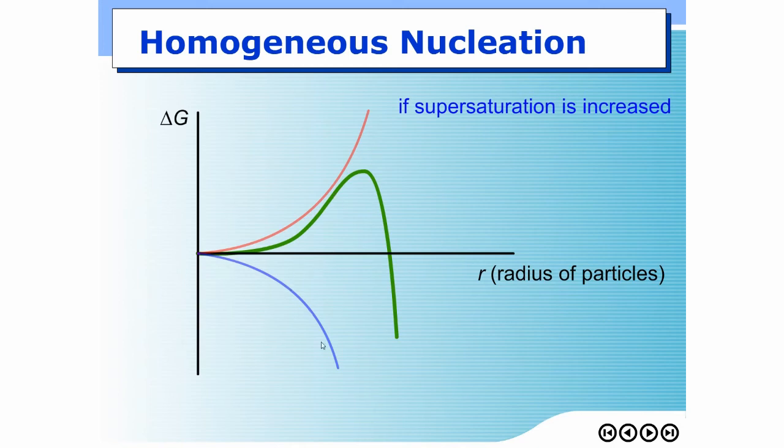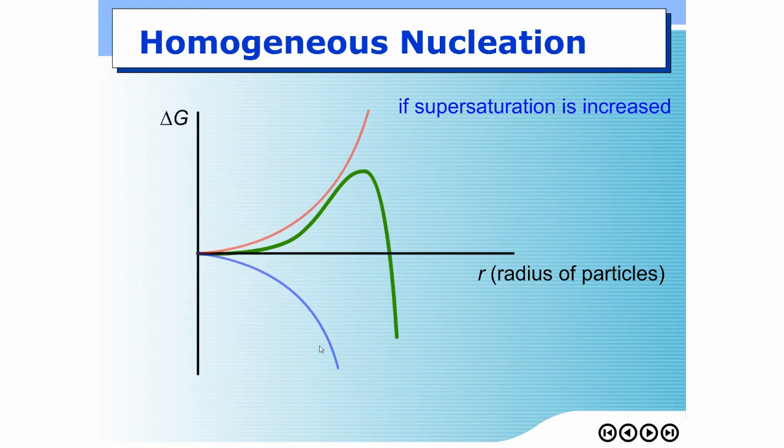But the blue function, this blue function depends on the reduction of energy. And that delta GV is a function of concentration over concentration zero, right? So the higher the supersaturation level, the higher that C over C0 ratio.